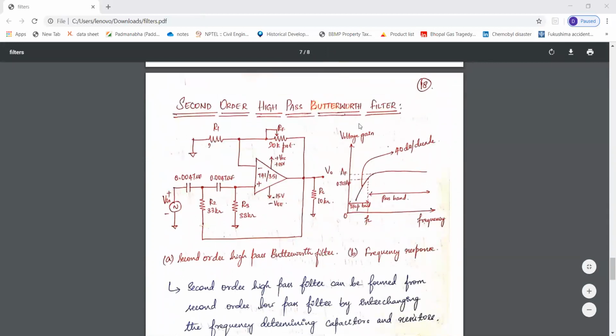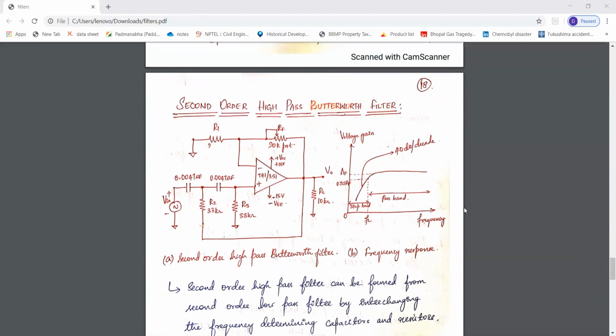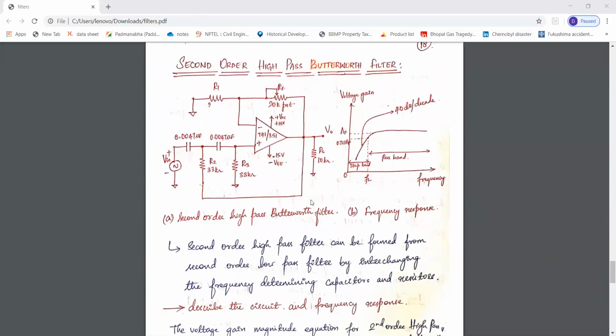Next, we have the second order high pass Butterworth filter. This second order high pass Butterworth filter can be obtained from the first order high pass Butterworth filter just by adding an additional component, or it can also be obtained from the second order low pass filter itself by interchanging the resistors and capacitors.